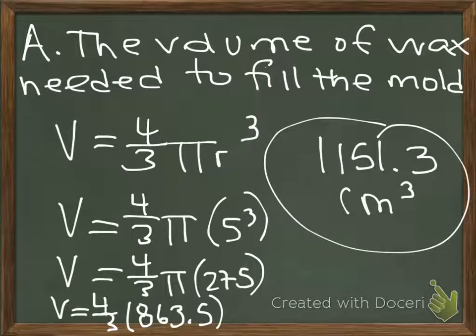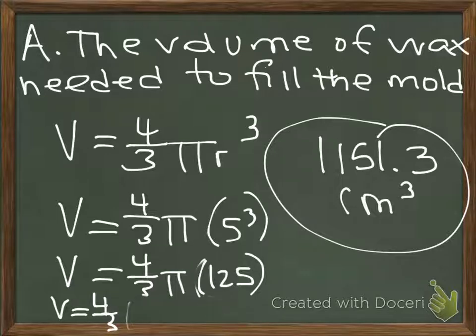Now, I realized when I looked back at my work here that 5 cubed is not 275, so I'm going to just fix this real quick. This is actually 125, so it changes my answer a little bit. Let's see what happens if you mess up one number. You can get the wrong answer.